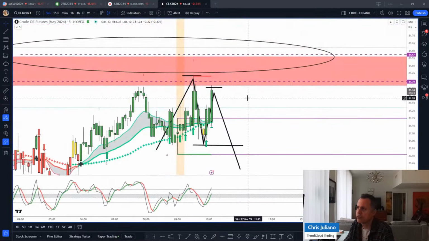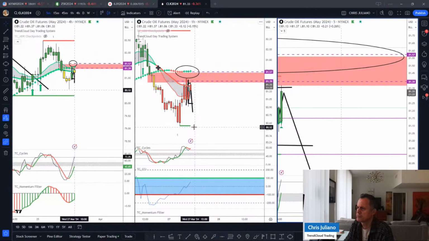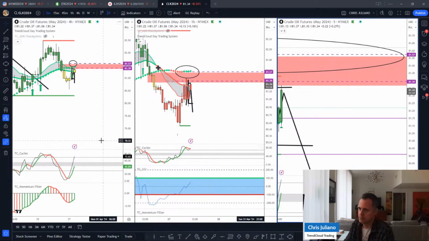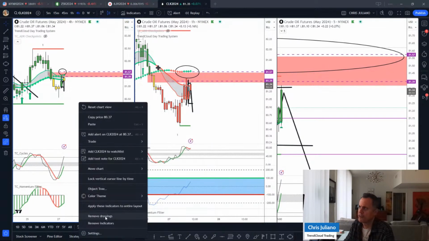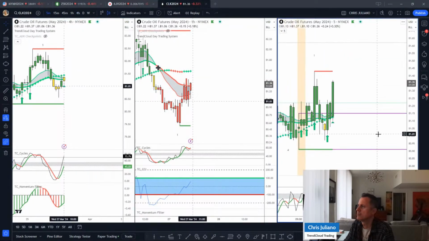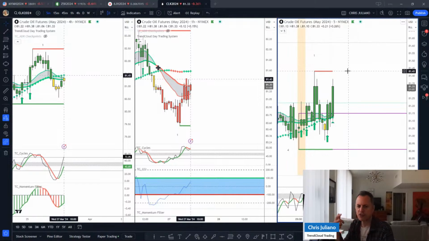I guess we could take this again, but very strong swing. Let's erase all this. If it breaks through here, that is going to tell us that we're breaking structure to the upside and that we should continue the move up, right?